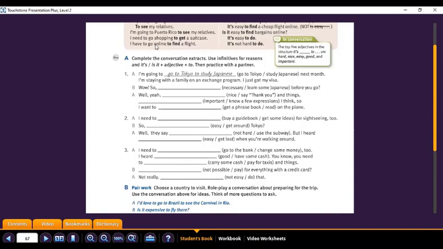So please, this is an activity for today. The activity letter A. Okay, please do this activity and we're gonna make a review before finishing the class.